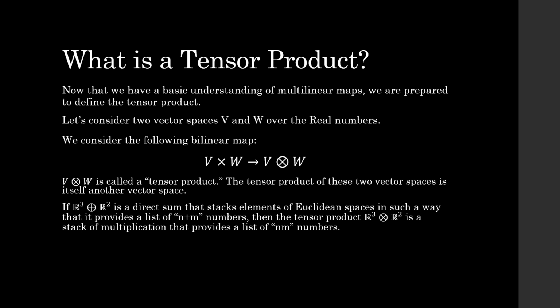If the direct sum of R3 with R2 stacks elements of Euclidean spaces in such a way that it provides a list of n plus m numbers, then the tensor product R3 tensor R2 is a stack of multiplication that provides a list of n by m numbers. And any element of tensor products are referred to as tensors.